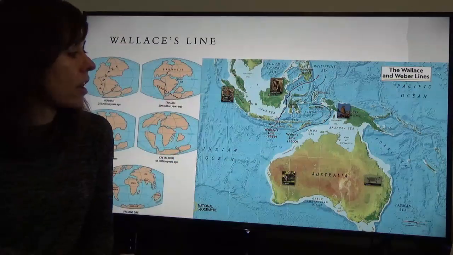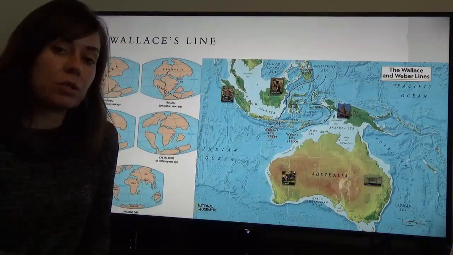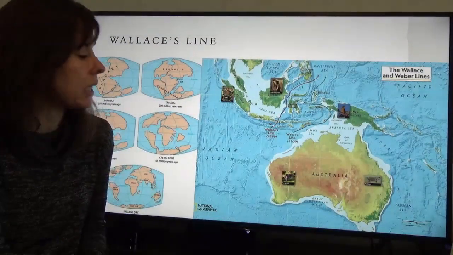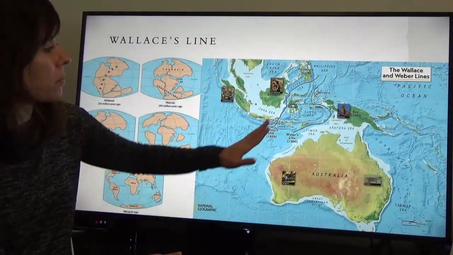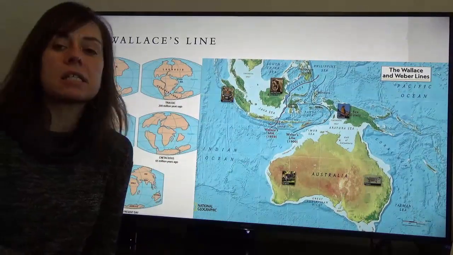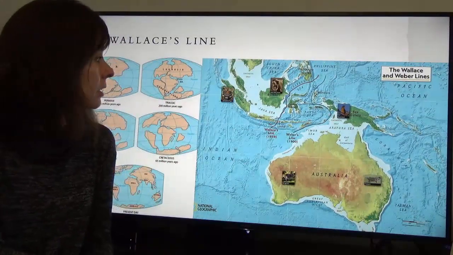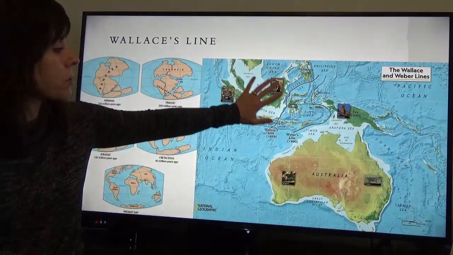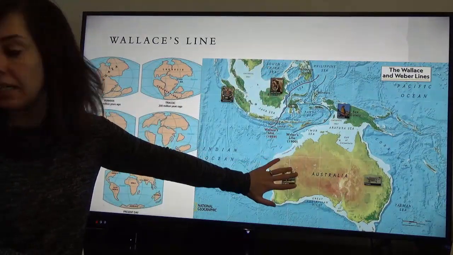But Alfred Russel Wallace, who is considered the father of biogeography, made a really key discovery in his scientific career, which was that the fauna of these two regions was really quite distinct.